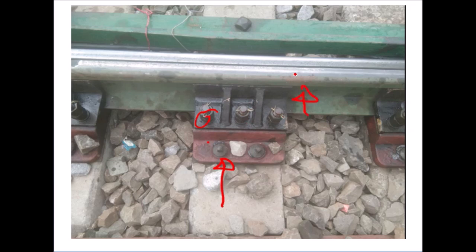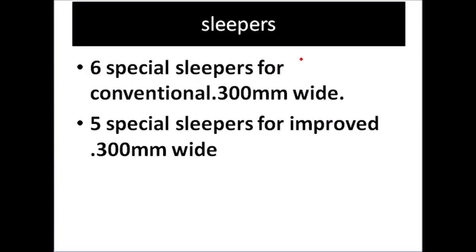None of the bolts was attached to the tongue rail or stock rail. And here you have 6 special sleepers, as we are using thinner rails, so we are using wide sleepers to take care of larger stresses.